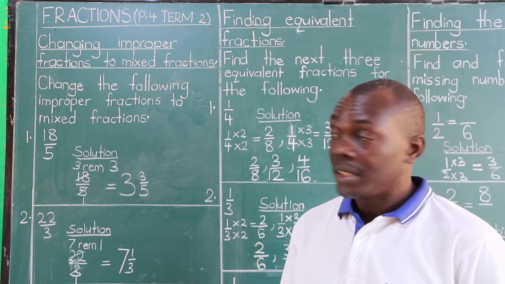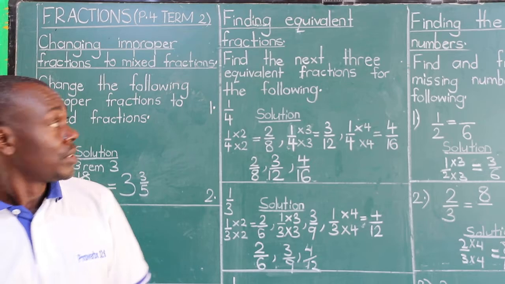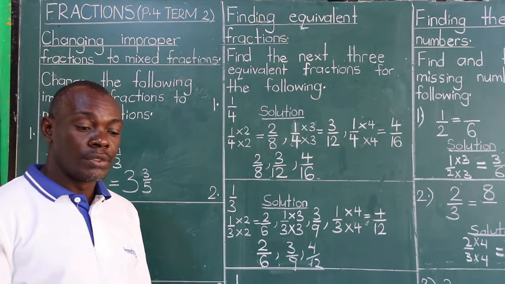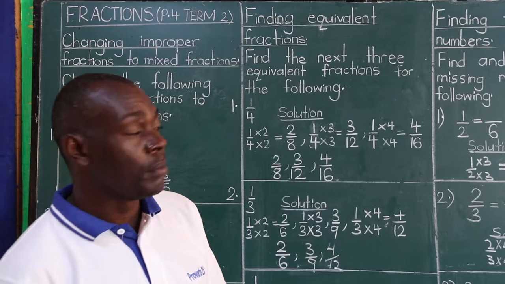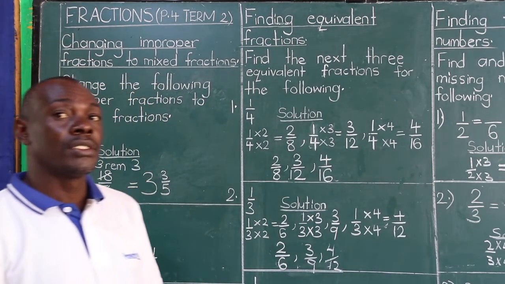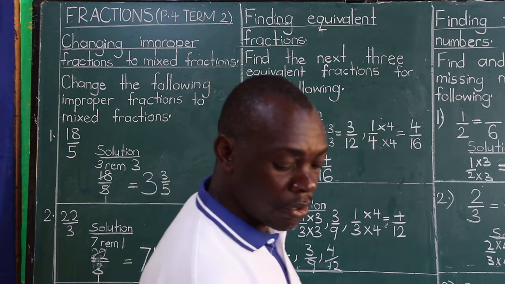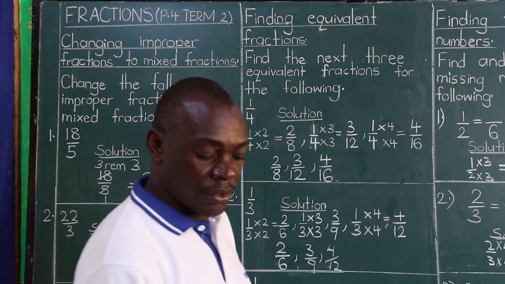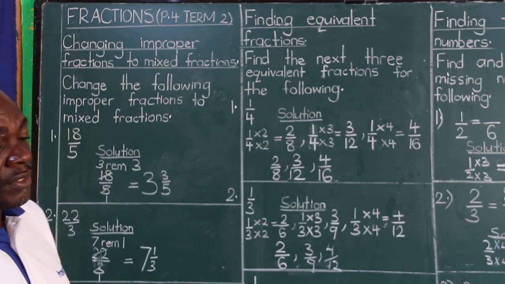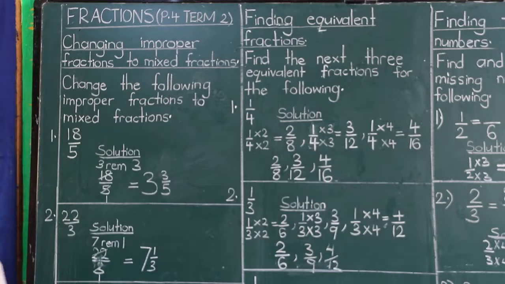Today we are starting with changing improper fractions to mixed fractions, not forgetting to mention that this work will be found on pages 6 up to 11 of that second term workbook, which when bought you will be able to follow and answer all the activities in the said pages of 6 up to 11.